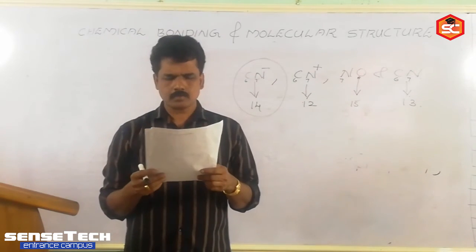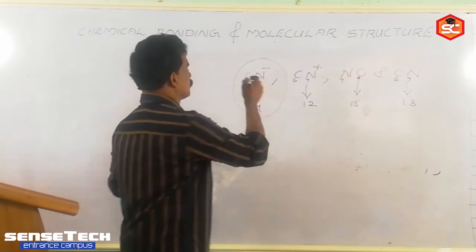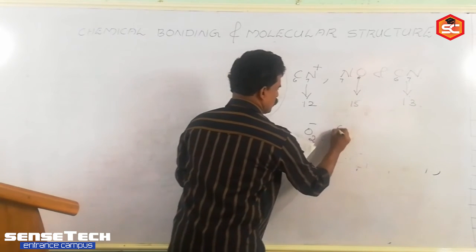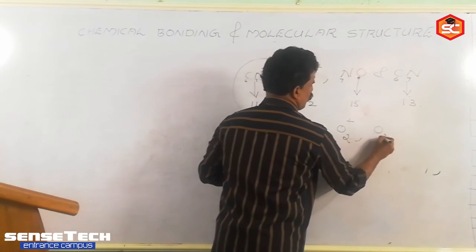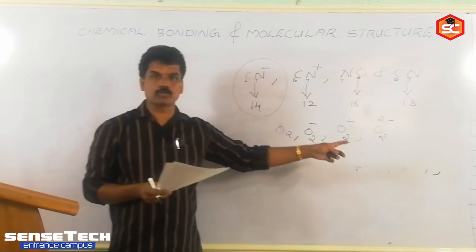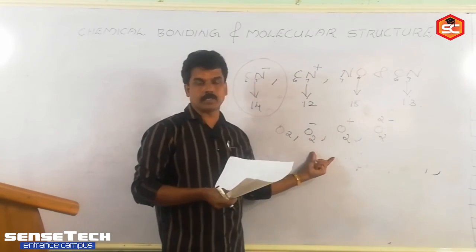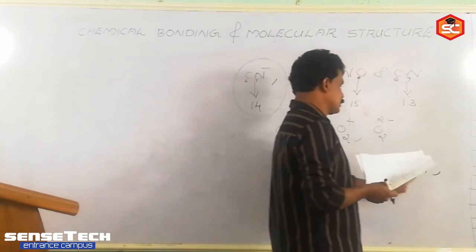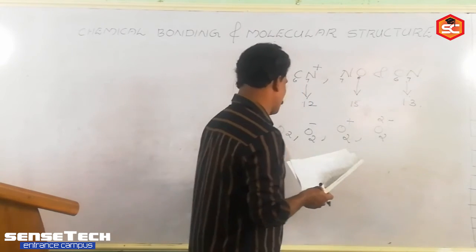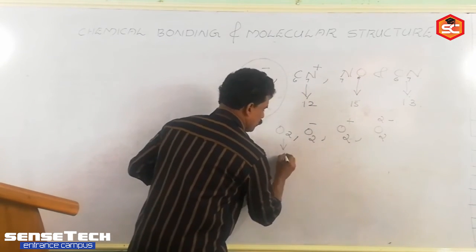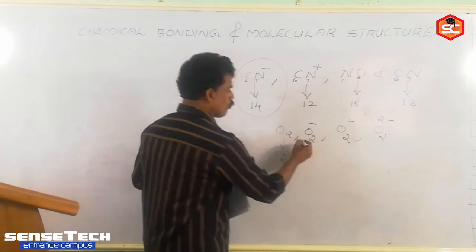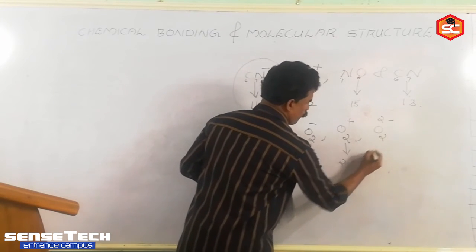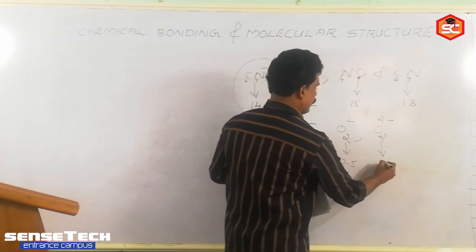Next one. Decreasing order of stability. There also O2, O2 minus, O2 plus, O2 2 minus. Arrange them in decreasing order of their stability. Stability means what you have to find out? Bond order. O2, what will be the bond order? 2. Then O2 minus 1.5, O2 plus 2.5, O2 2 minus 1.